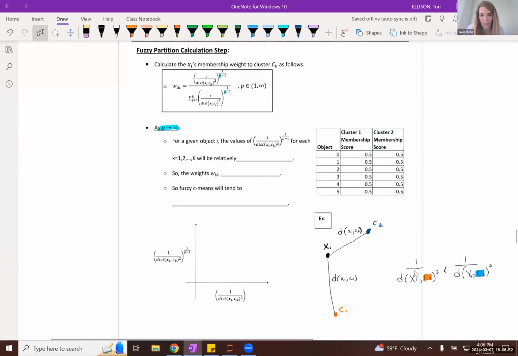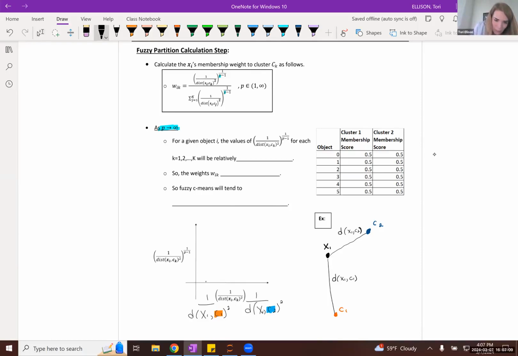We want to focus on what kind of values we might expect in the numerator of this equation, at least to start with. We can put these two squared reciprocal distances on the x-axis of this numerator function here.